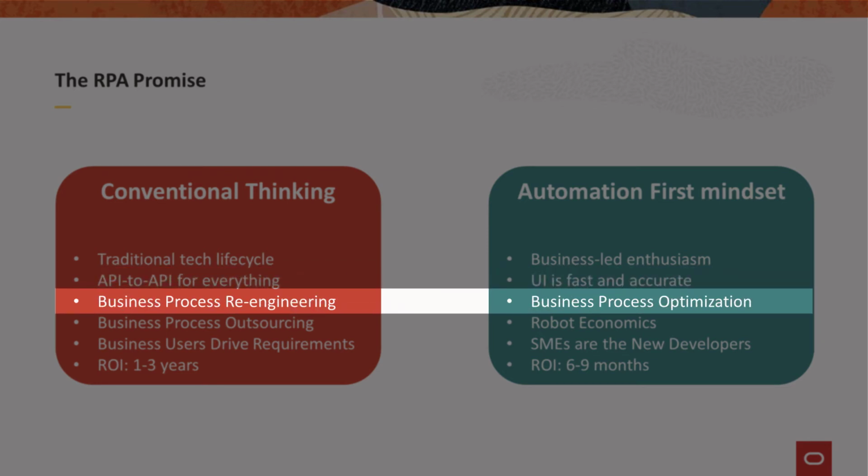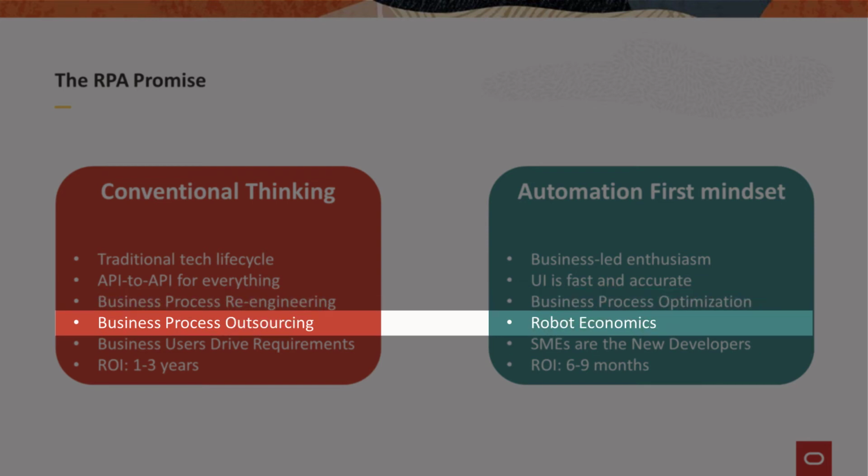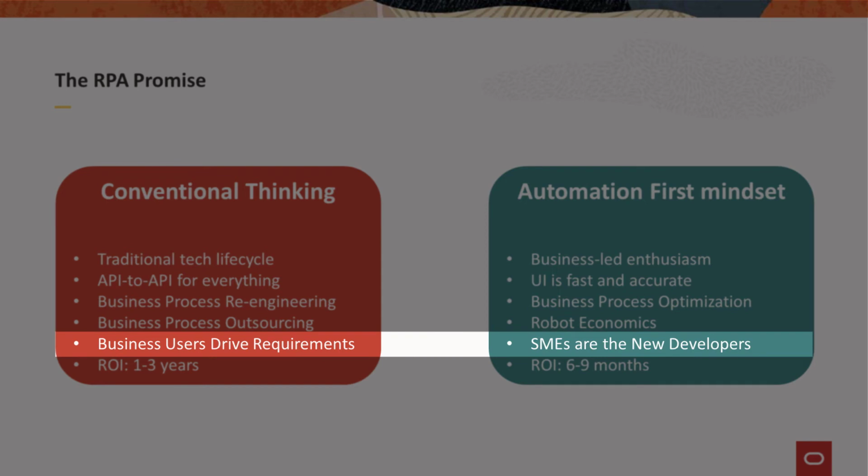Rather than looking at business process reengineering, it looks at business process optimization. And rather than looking at outsourcing of business processes, it looks at robot economics as part of your ROI as well. And finally, it also drives SMEs as the new developers, and that overall captures the RPA promise that you have.